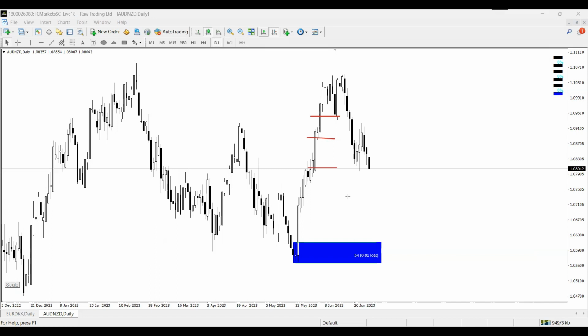Whenever you see any level which breaks any previous level for the first time, that will be called the main level. This is our main level. Why? Because the bearish price action began from here. So all this bearish price action belongs to its base area. That we call the main supply level.